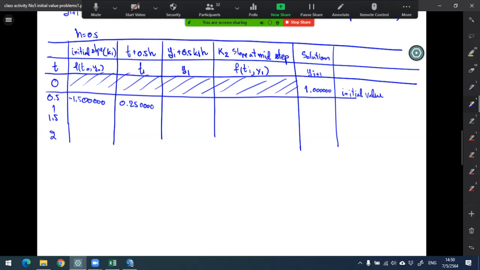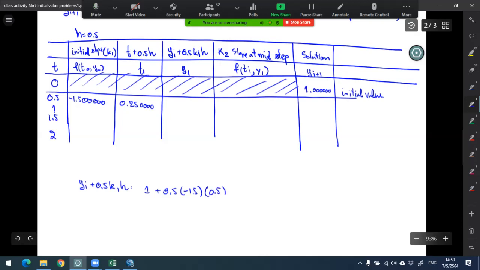The value of y at mid-step is y i, which is 1, plus 0.5 k1, where k1 is the initial slope, and then multiply with h. H is equal to 0.5.